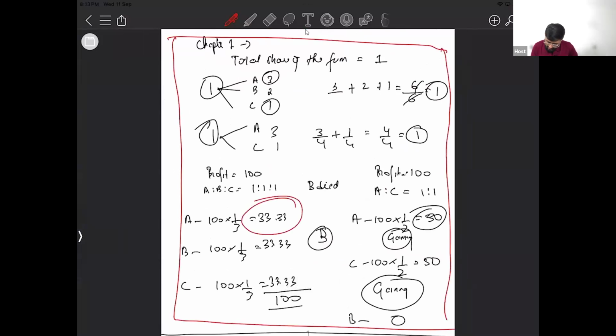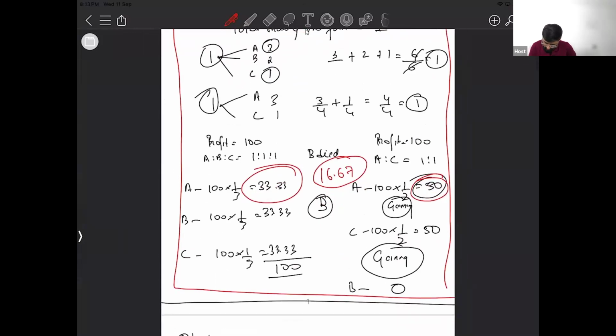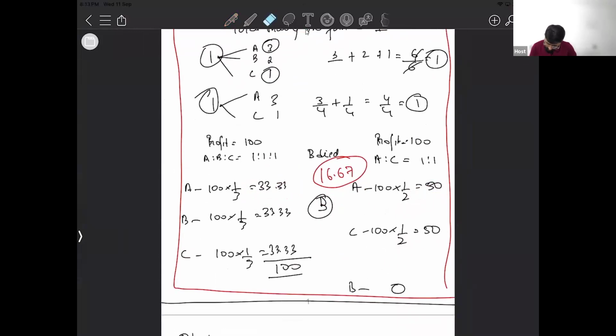A was 33.33 and now gets 50, so A is gaining 16.67. C will also gain 16.67.